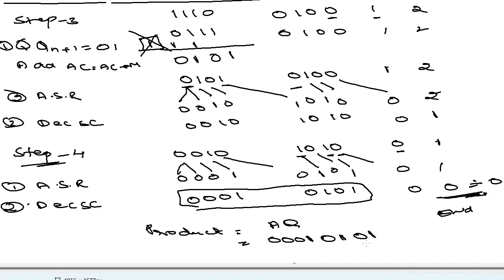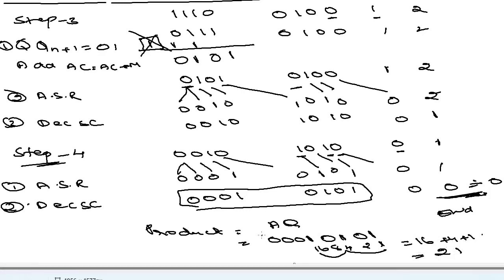So 2 power 0, 2 power 1, 2 power 2, 2 power 3, 2 power 4, 2 power 5, 2 power 6, 2 power 7. So first position is 1, second, 2, then 4, 8, 16. Now we add the values 16 plus 4 plus 1. 16 plus 4 is 20, 20 plus 1 is 21.